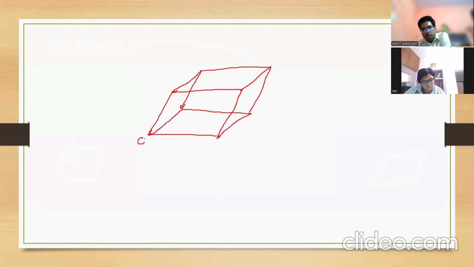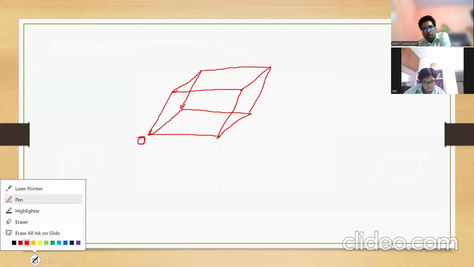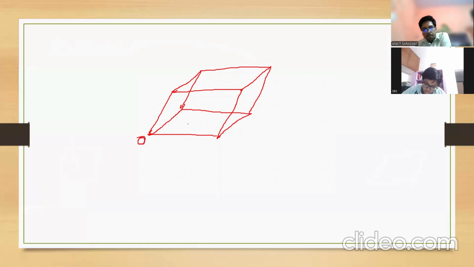From this common point, let us suppose there are 3 vectors emerging. This is the A vector, this is the B vector, this is the C vector. Clear?